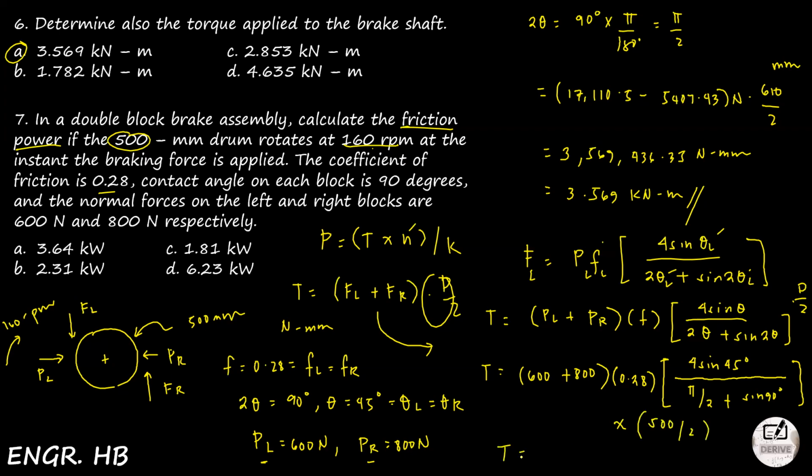So our torque will be 4 sine 45 over 0.5 pi plus sine 90 times 0.28 times 600 plus 800 times 4 times 500 divided by 2. So that was 107,821.01 Newton mm.